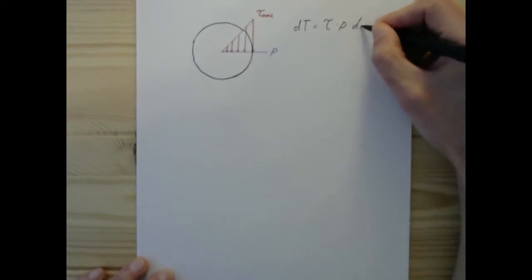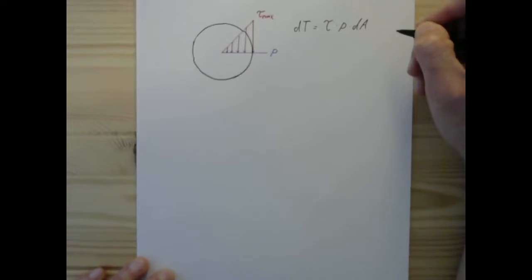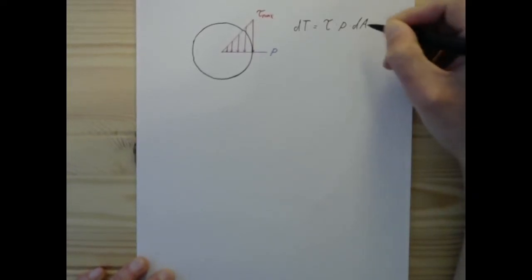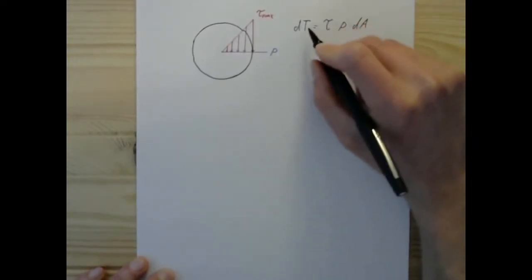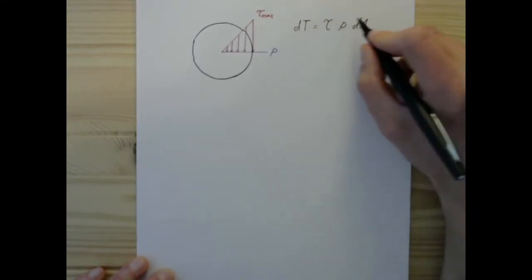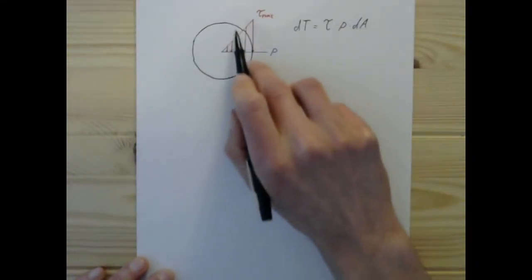The area in this case is just a differential area. So, if we want to know the total torsion, we can just integrate over the full area.